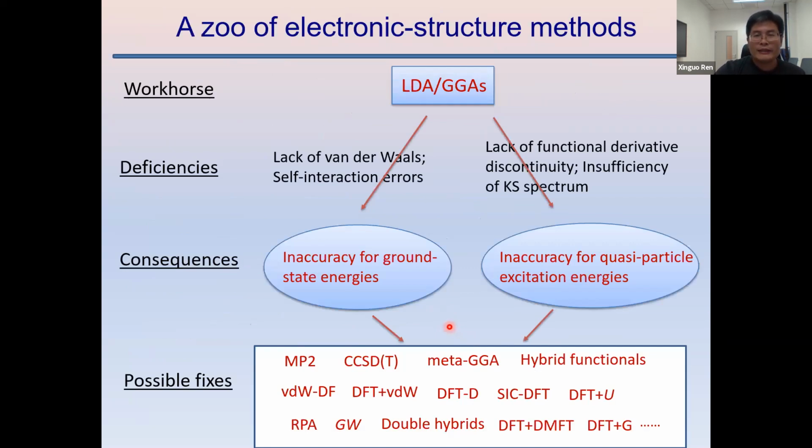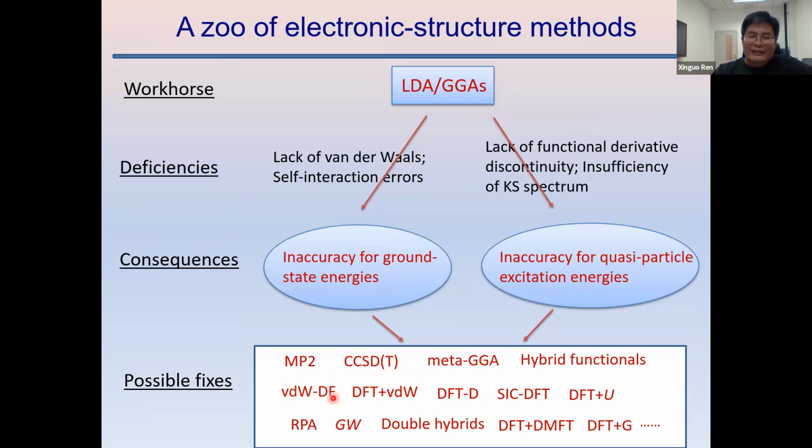And in fact, in the past 20, 30 years, there are a lot of electronic structure methods which go beyond LDA and GGA, either to improve the accuracy of ground state energy calculations, or to improve the energy spectrum.